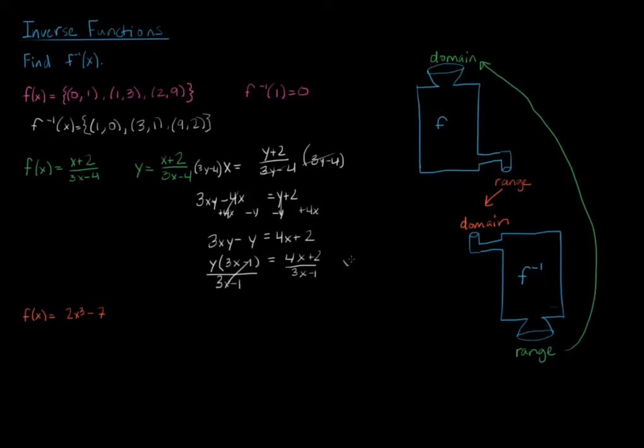And then I have y equals (4x plus 2) over (3x minus 1). And that should be the inverse function of f of x. Now, let's just be clear, this white one is f inverse of x.